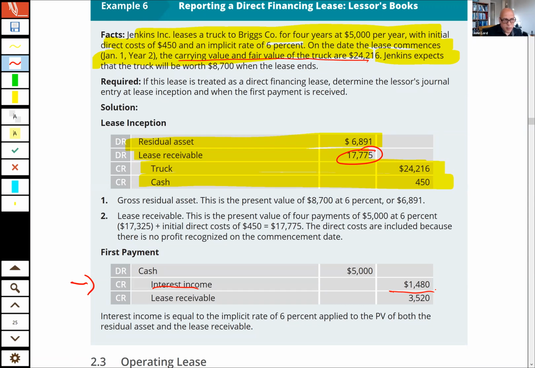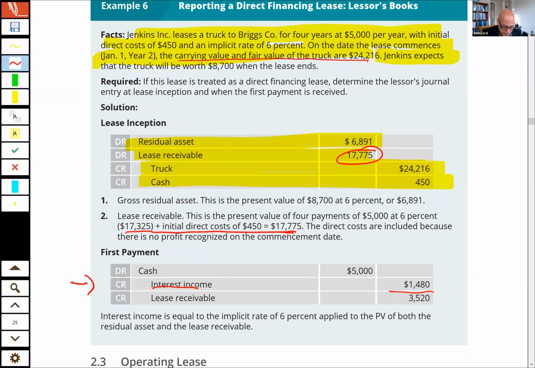And you think about it, since they sold the asset for fair value, and the fair value and the book value were the same, then they weren't really trying to make a gain on the sale, and were simply trying to make money off of the financing. Okay, so the present value here is what? The present value was the 17,000 of the 4 payments at 6%, plus the initial direct cost.